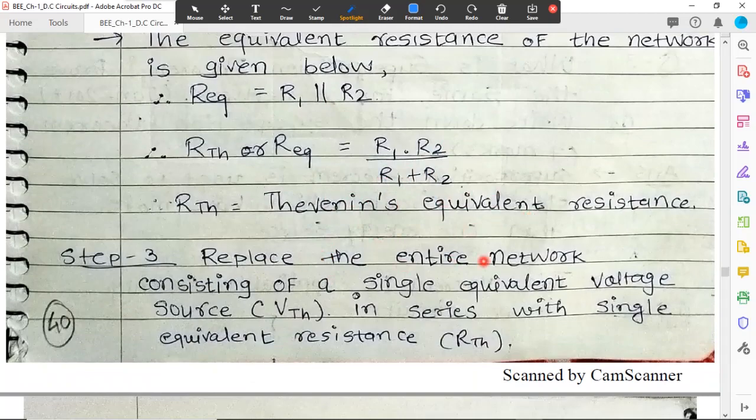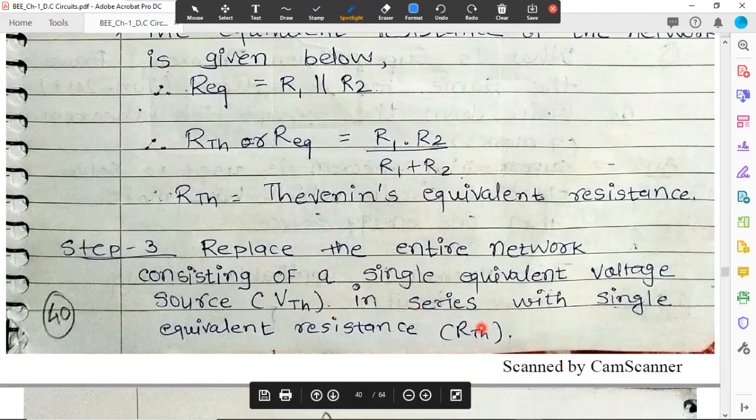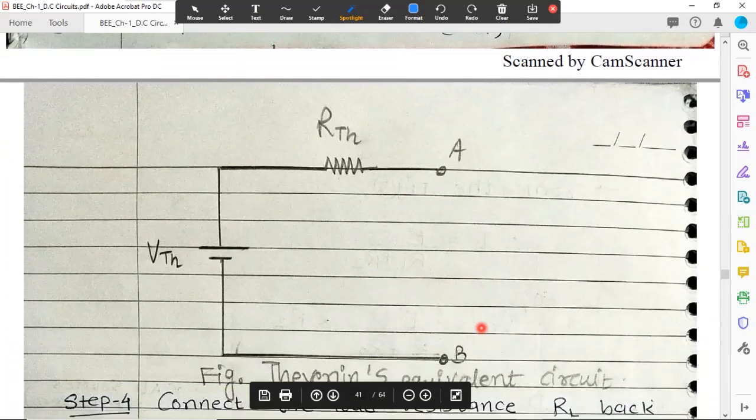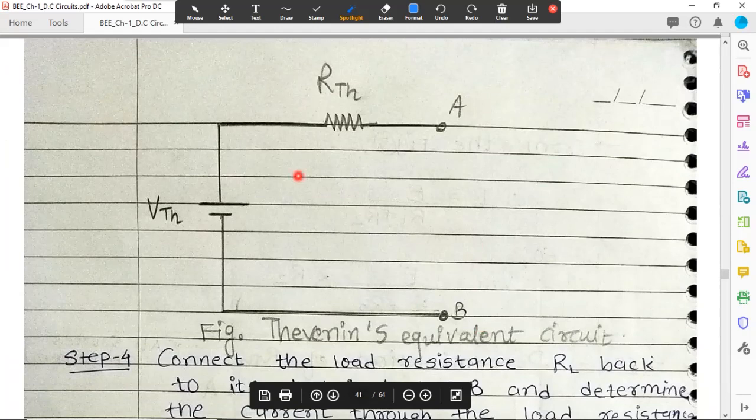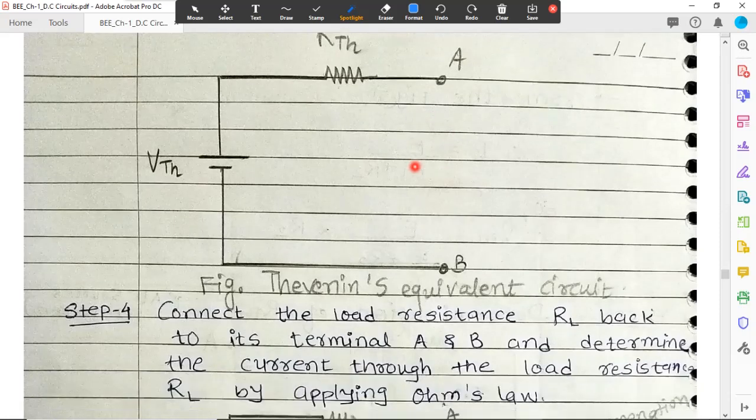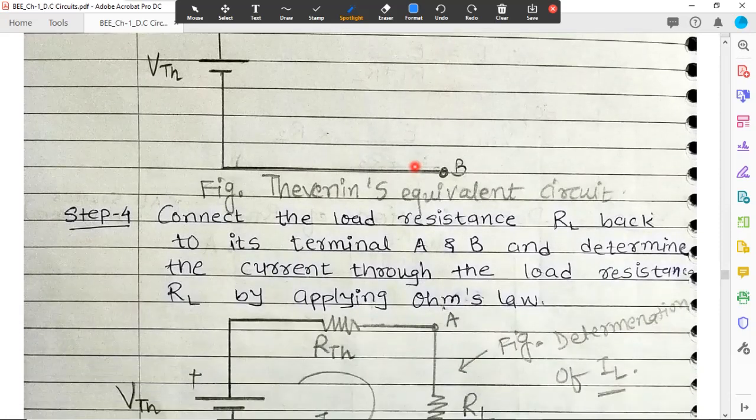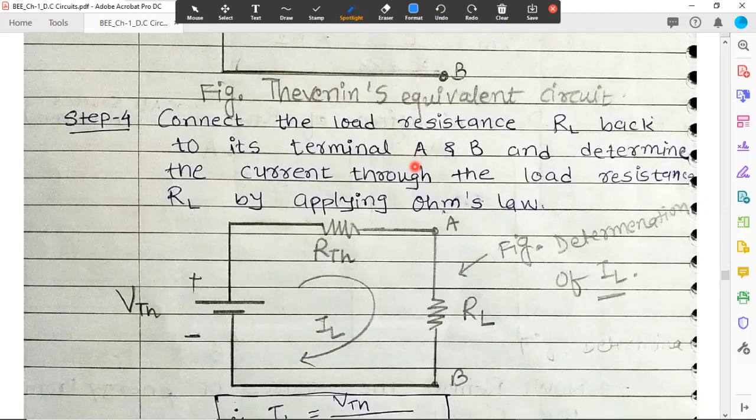Now replace the entire network with VTH in series with RTH. So this is step 3. Okay. And now we connect the load resistance which we have already removed, and we want to find the current through that branch. So we connect that removed load resistance and draw the figure again.